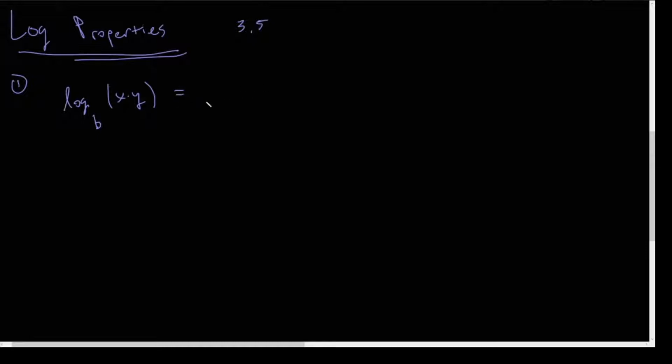Instead of log base b of x times y, this becomes log base b of x plus log base b of y. So a log of a product turns into the sum of the logs, if that makes sense. So this product turns into a sum.